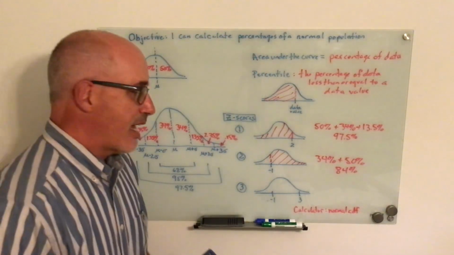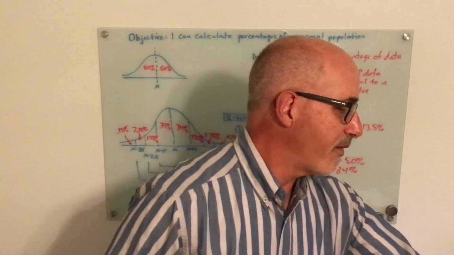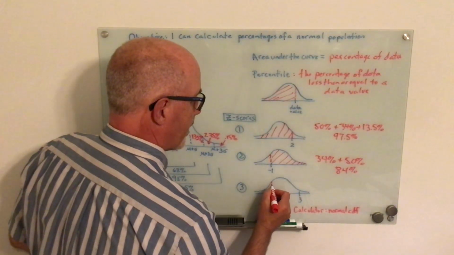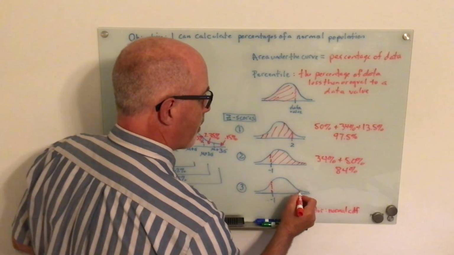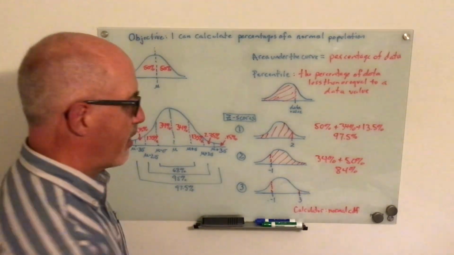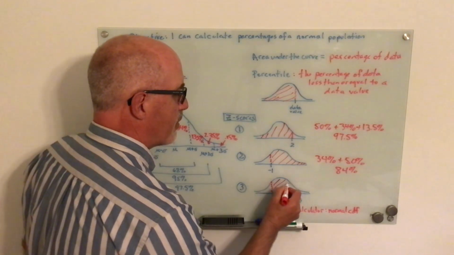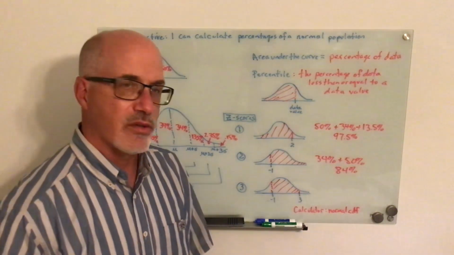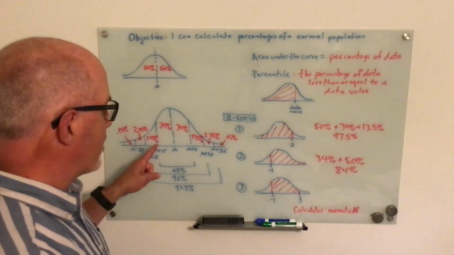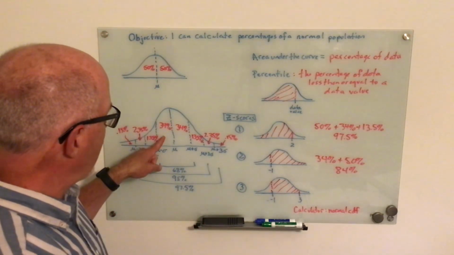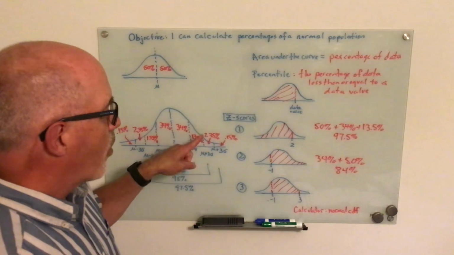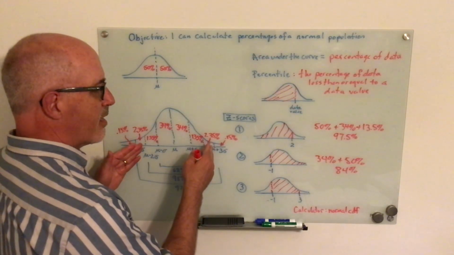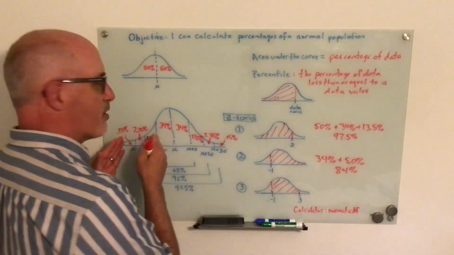Now, what if instead I'm asking you to find the amount between 1 standard deviation below and 3 standard deviations above? So we want to find the amount between these two. All right, now there's 2 ways to do this. You could add up all these regions here from this one below and then these down here, or you could do all the way up to 3, whatever that is, and subtract off whatever is below it.